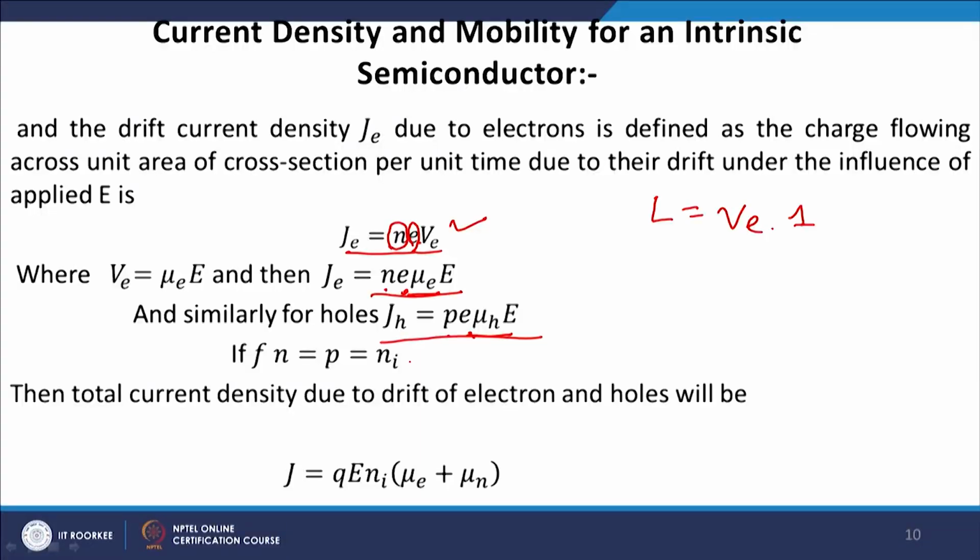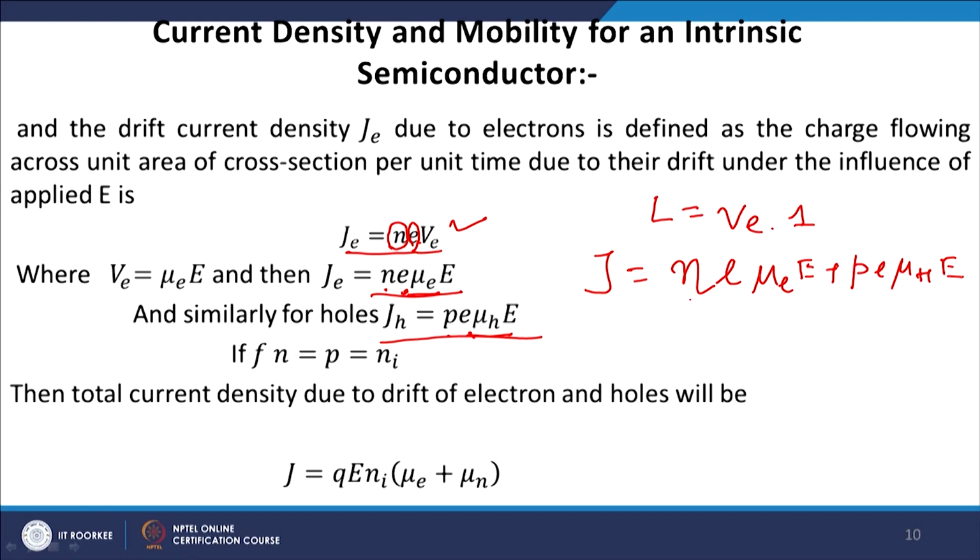So, the total current density due to the drift of the electrons and holes will be J is equal to q E ni. If I take n and p as ni, I can write that total current density is n e mu e E plus p e mu h E, right.